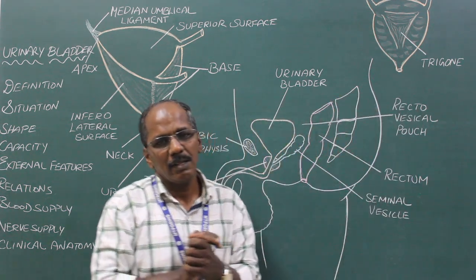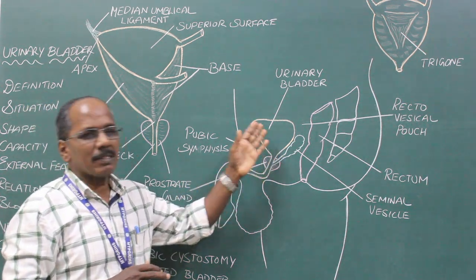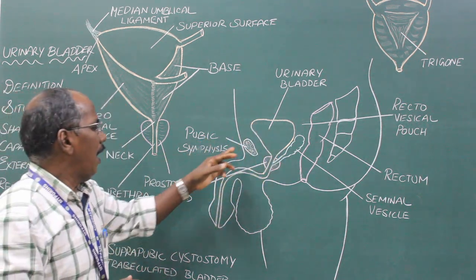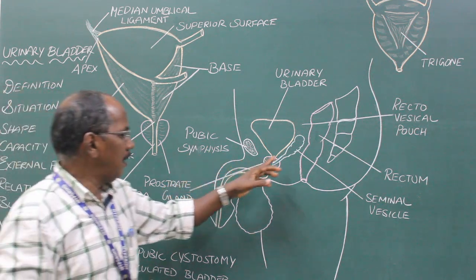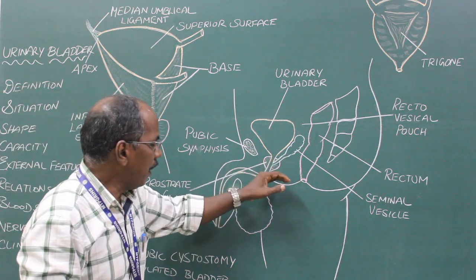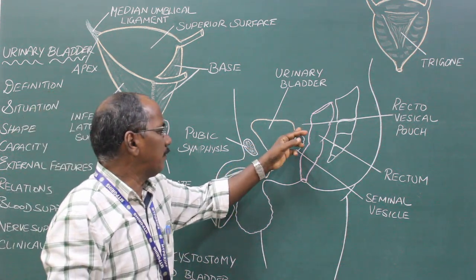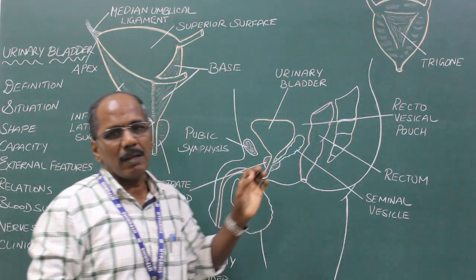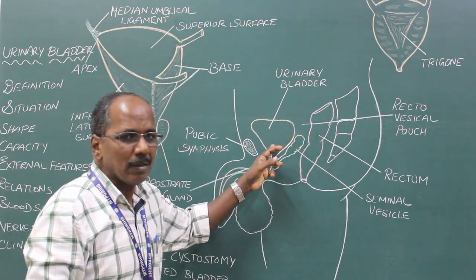Relations: in male, the urinary bladder is related anteriorly to the pubic symphysis, posteriorly in the lower part to the seminal vesicle and vas deferens, and in the upper part to the rectovesical pouch, that is the gap or space between the rectum and the urinary bladder.